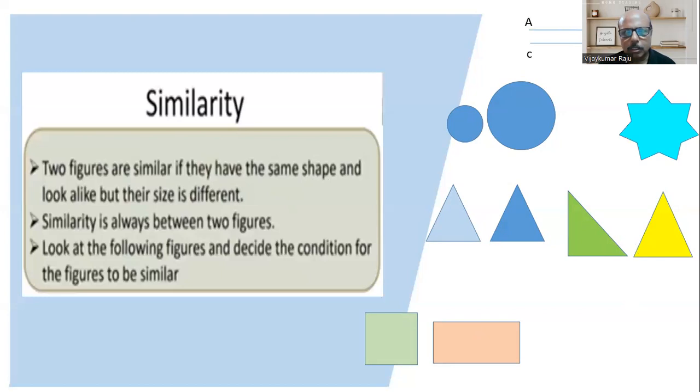See this. Regular polygon. You have another polygon of the same shape. Shape is same, size is only different. They are similar. See this. Trapezium. Take a parallelogram. Shape is different, not similar.